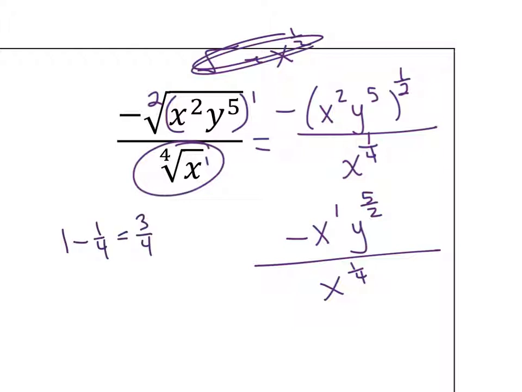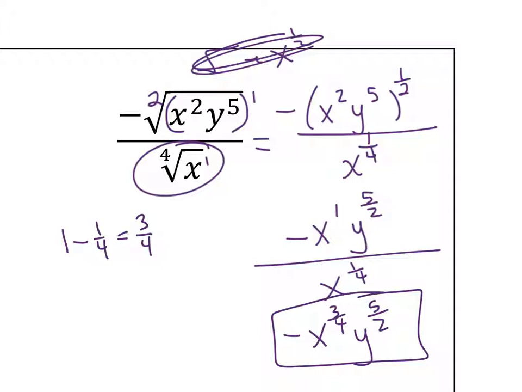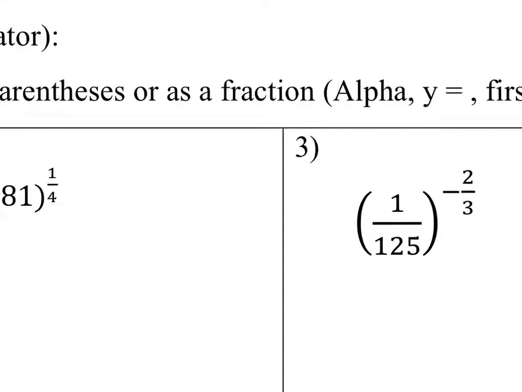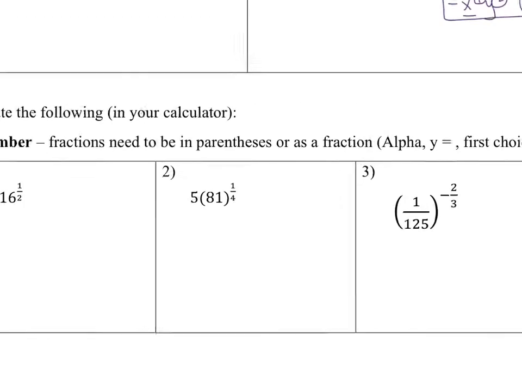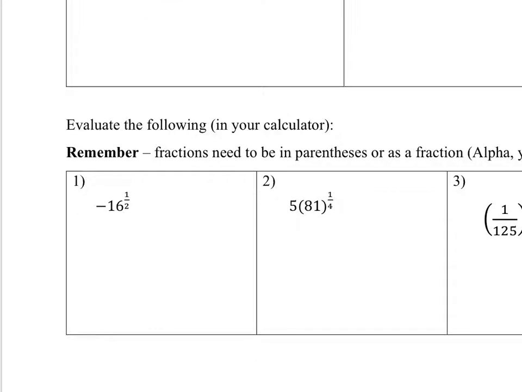Now doing all your common denominators, using your calculator, whatever, it's x to the 3/4 power, and then y to the 5/2 power. Done. Okay, we can rewrite that as a radical as we want, but there would be 2 radicals because this one has a 4 as a denominator and that one has a 2. Sorry if I just lost you all, but that was fun. Okay, so that's rewriting the other way and beginning of simplifying.